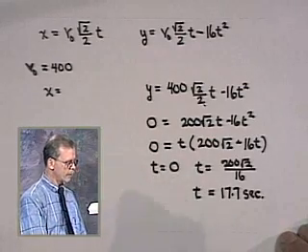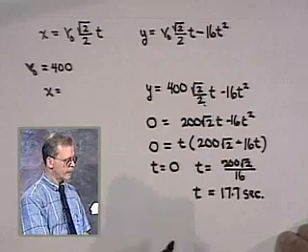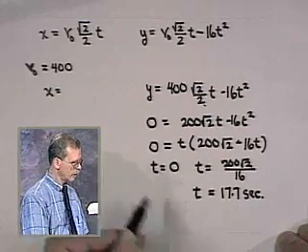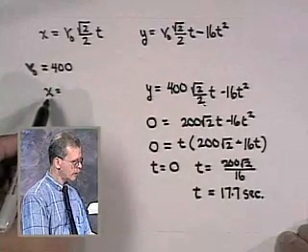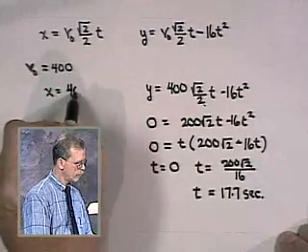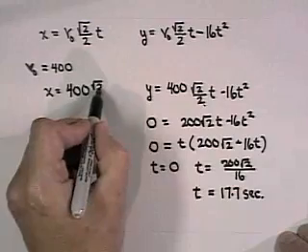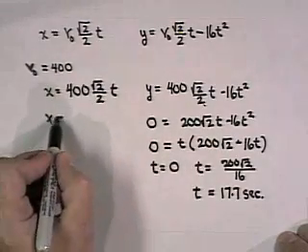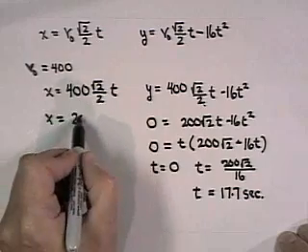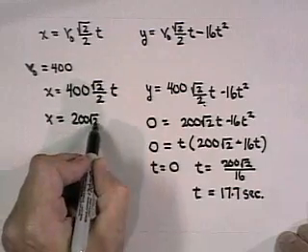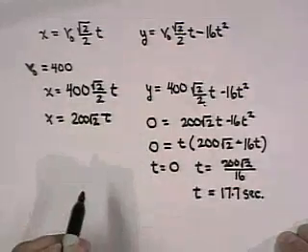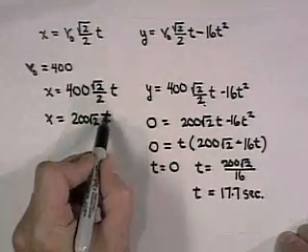The second part of our problem asks us to find out how far away the projectile will strike the ground, and for that we need our x formula. 400 times the square root of 2 over 2, t, x equals 200 radical 2 t. And, well, what t do we want to use?